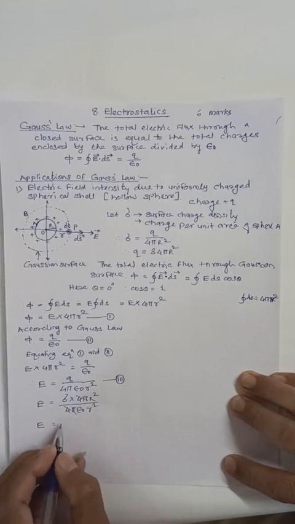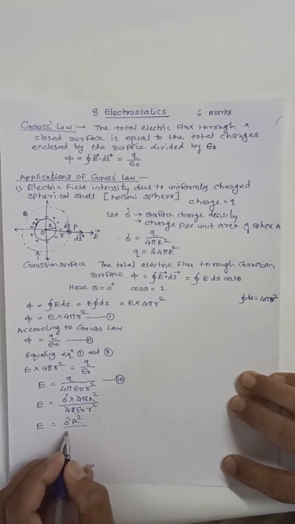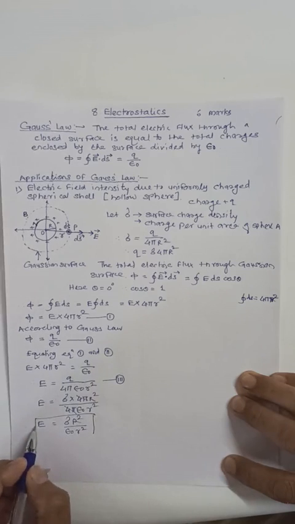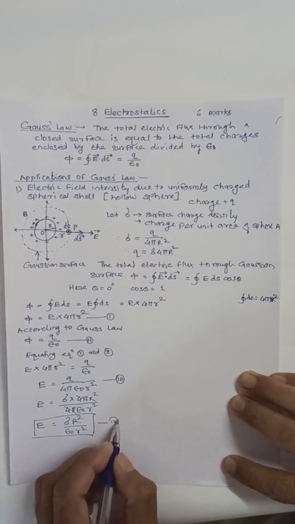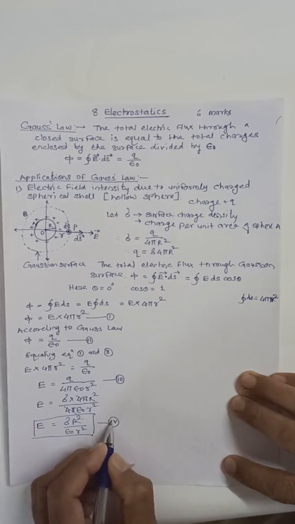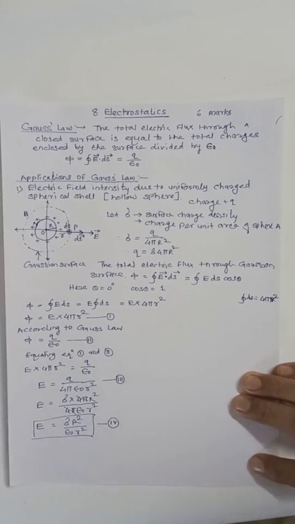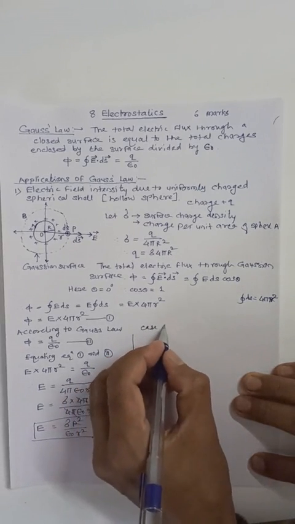E is equal to sigma r square upon epsilon 0 r square. This equation determines the electric field intensity at a point outside the conducting sphere. Now there are two cases. Case 1.